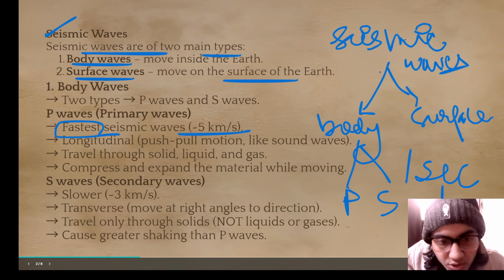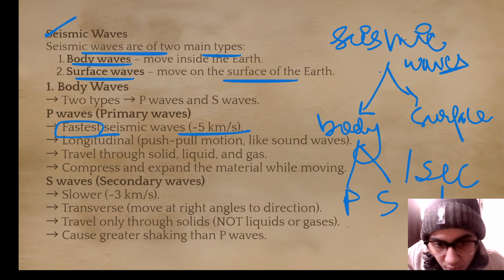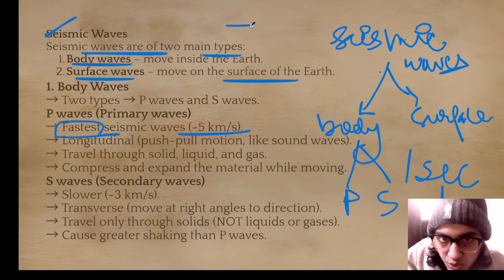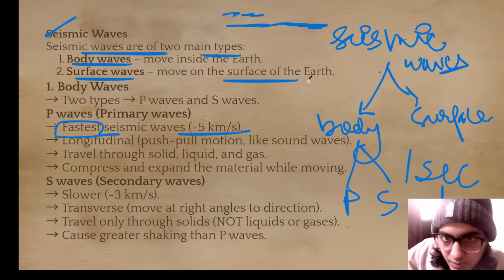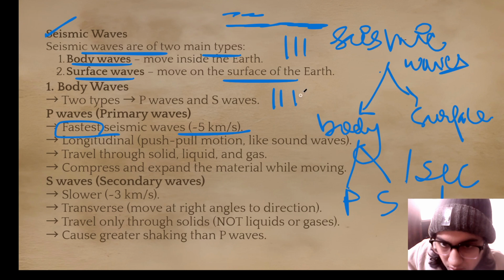It is longitudinal, that is, push and pull motion like sound waves. So how does it travel? It travels like sound waves in longitudinal motion, like push and pull. The particles push and pull each other like this. Suppose these are the lines.